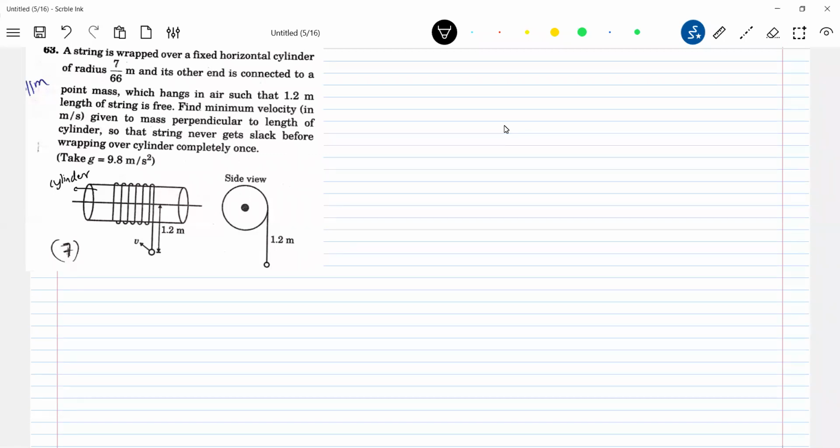One more critical point. In the end, I'll conclude it. Let me just finish off these two problems. In the end, I'll give one more better picture for you. What do you mean by critical point? Because some of you are still asking me, sir, what do you mean by that?